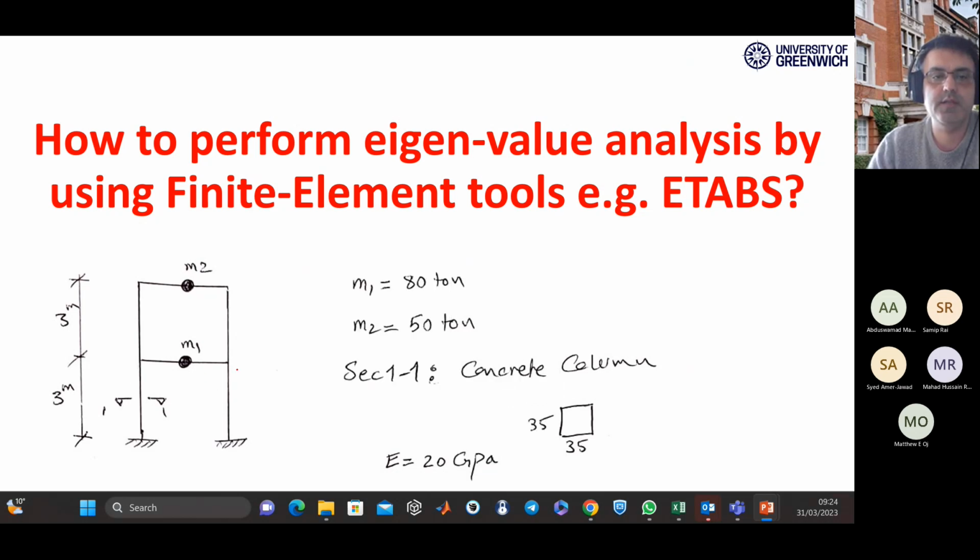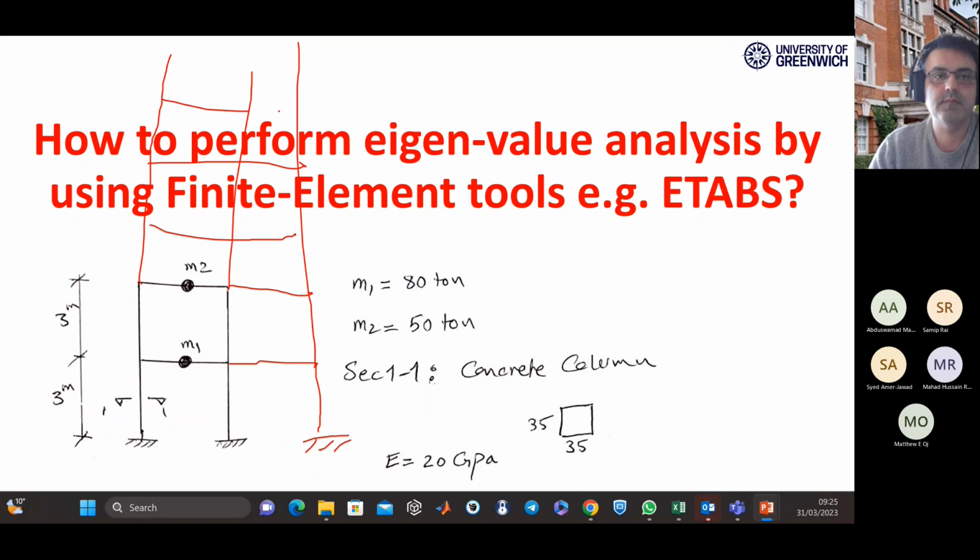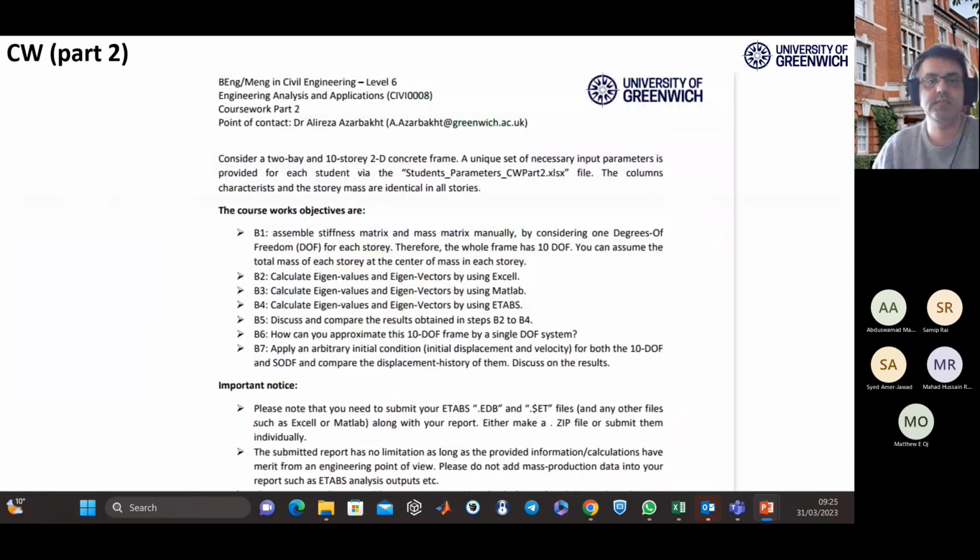In the solved example I have two columns, but in your coursework, it's like this. It goes up until 10 stories. So in each story, you have three columns. When you're adding the stiffnesses of columns together, in the example, I've added two columns together. In the coursework, you need to add three columns together. Okay, that's the only difference. And you have 10 stories rather than 2 stories. So your matrices will be 10 by 10. Is it clear?